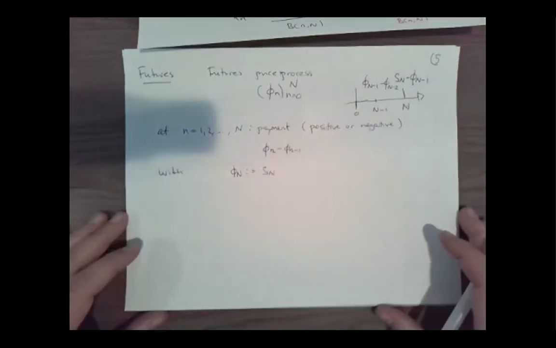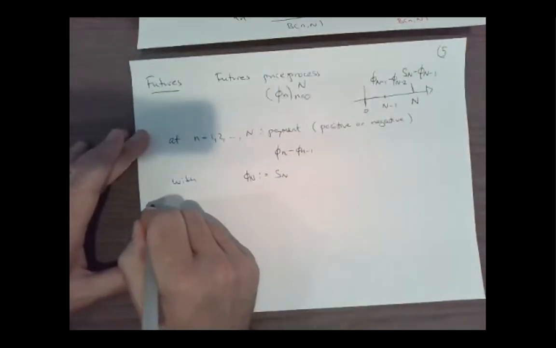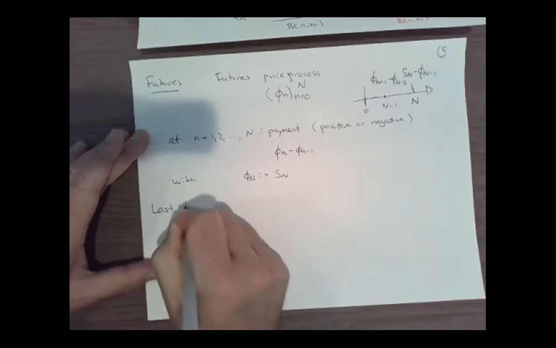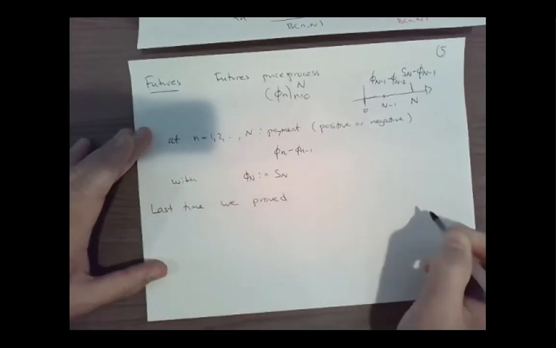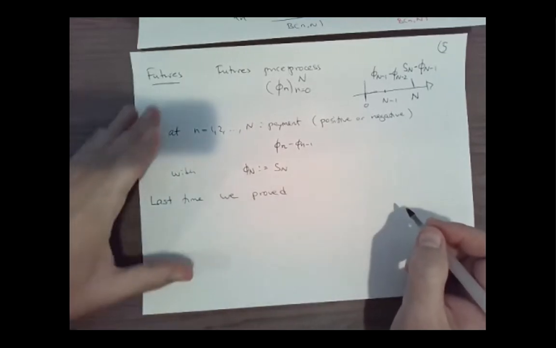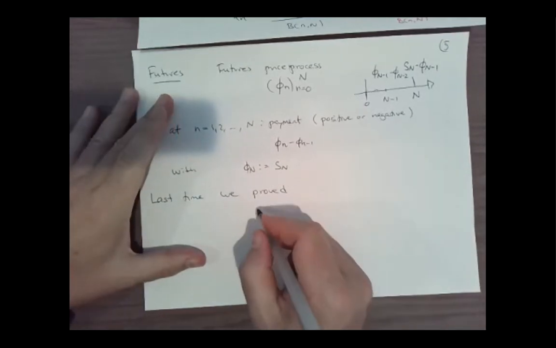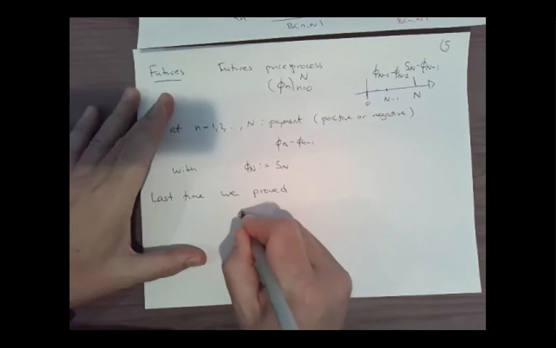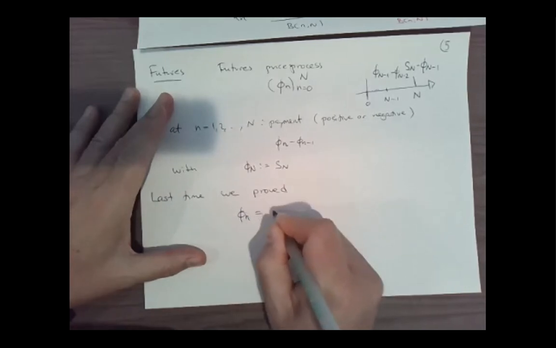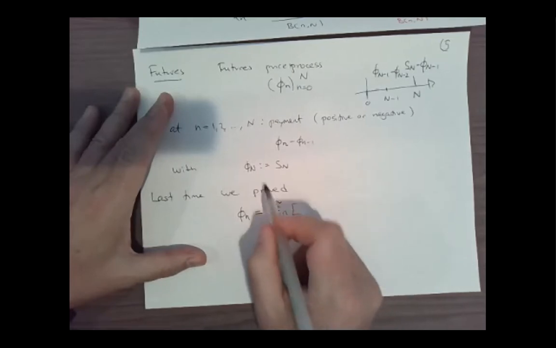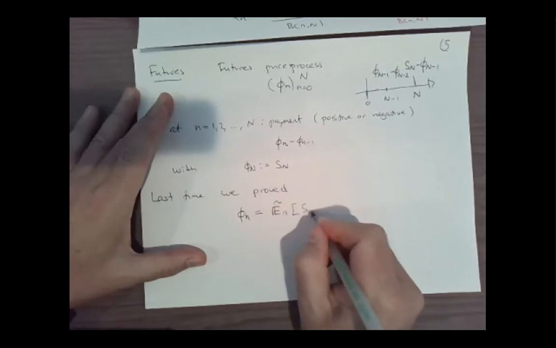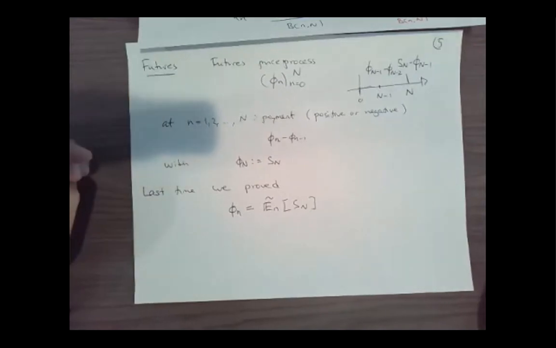Last time we proved a formula that said that phi n is equal to the conditional expectation of that terminal value.